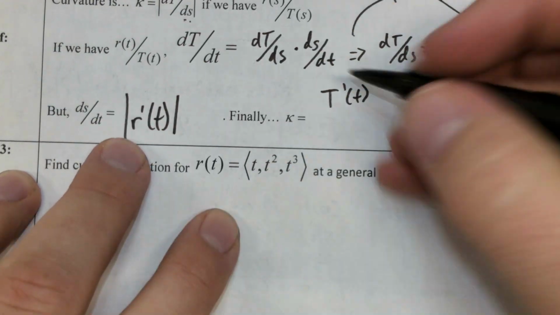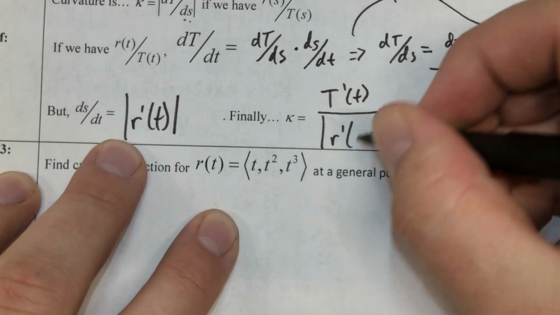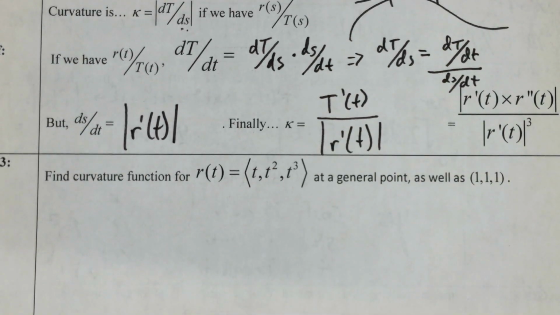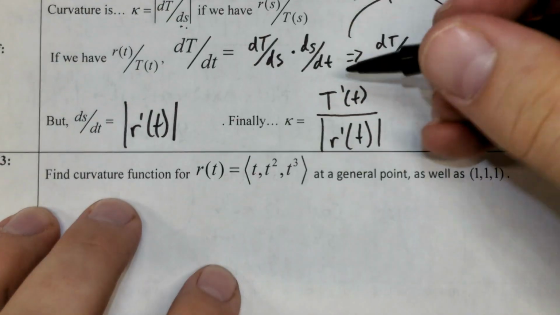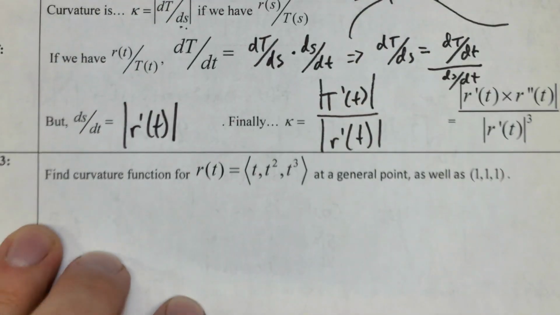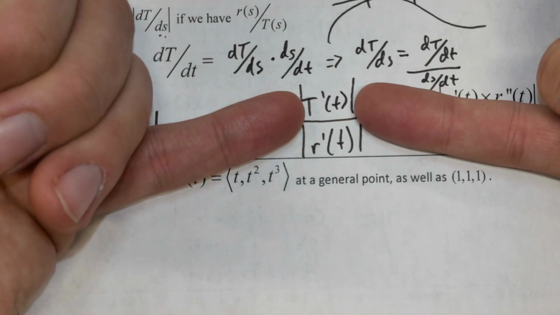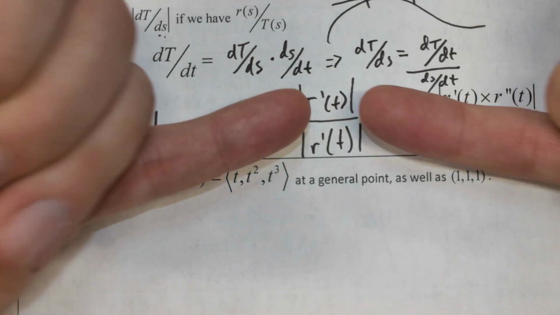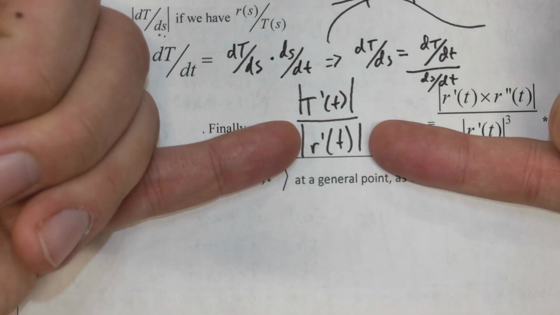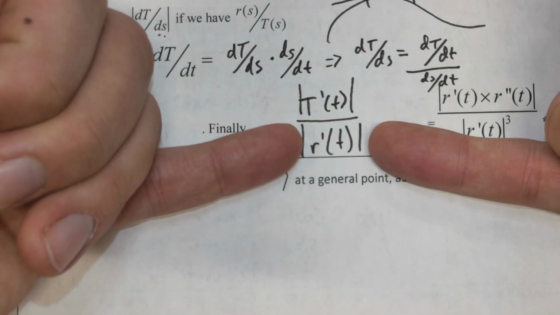And then ds/dt is this thing. And a curvature is not a vector. Curvature is a scalar quantity. So it's the magnitude of the change of the tangent divided by the magnitude of the derivative.